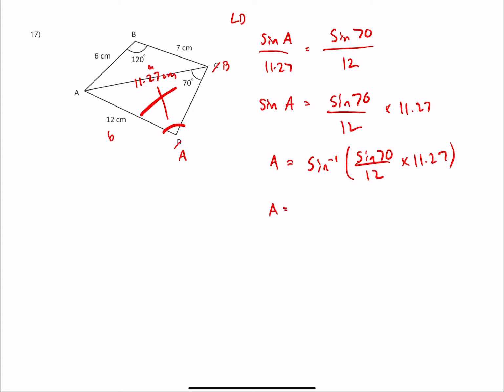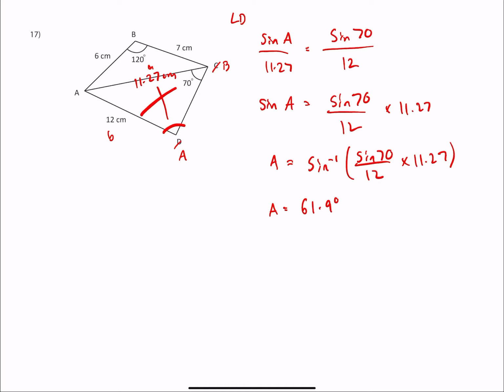Quickly just going to do it on my calculator. So inverse sine 70 over 12 times my previous answer is 61.9 degrees. So the angle here is 61.9.